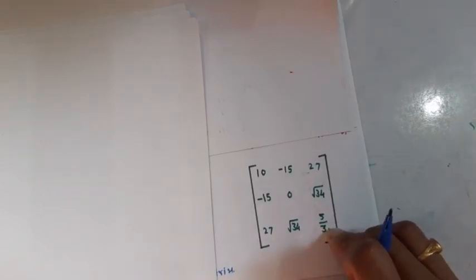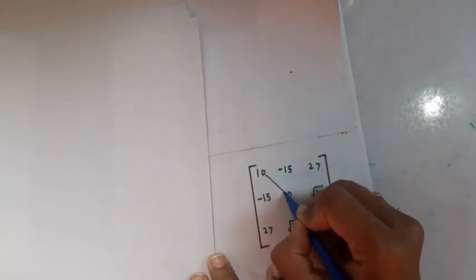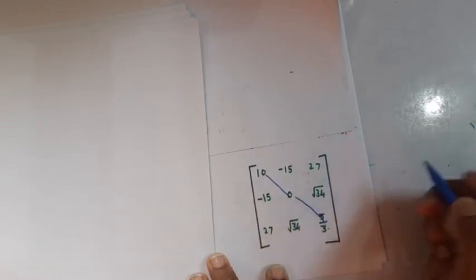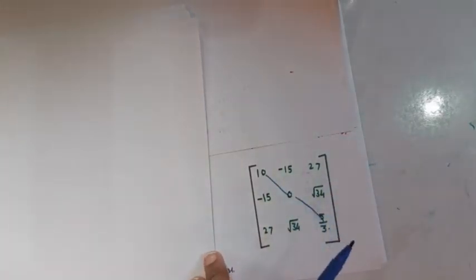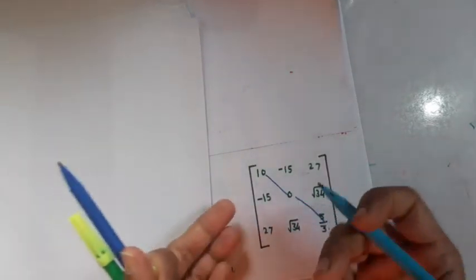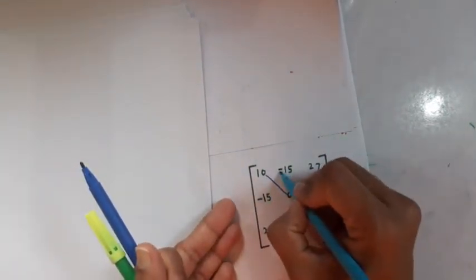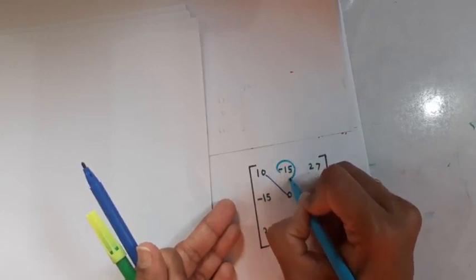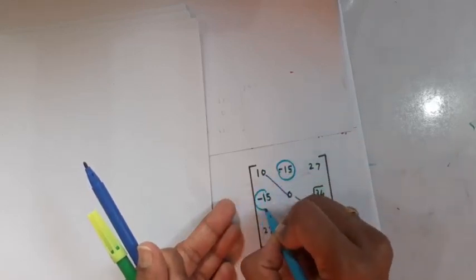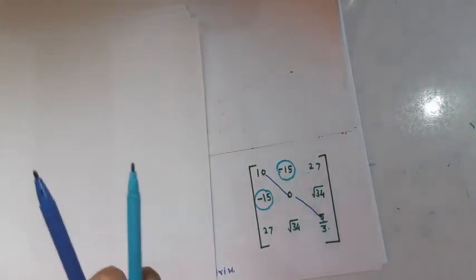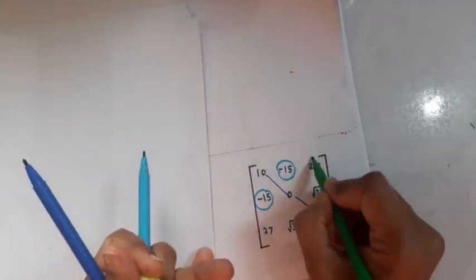So students, suppose these are the diagonal elements, and if you see, the elements Aij and Aji are the same.